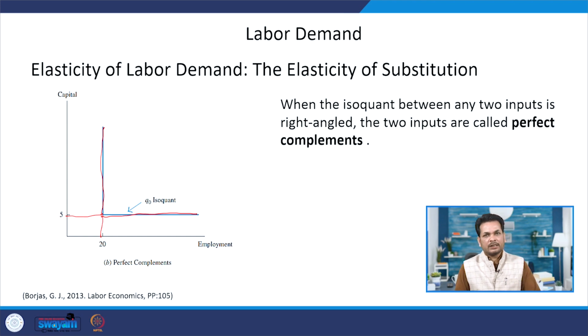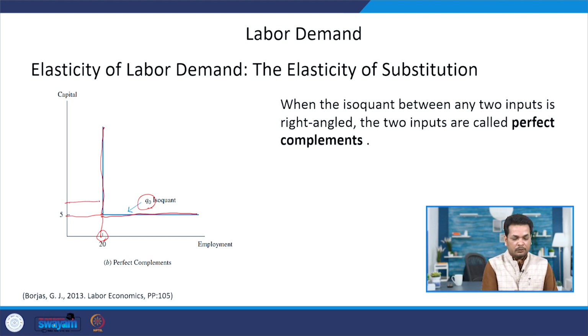So, when the shape of the isoquant is right angled, the two inputs used in the process of production are called perfect complements. They complement each other. So, keeping the level of output constant at Q0, if the firm fixes the level of employment at 20, adding more capital to the production is not going to increase the level of production.